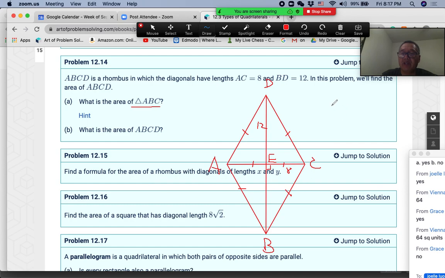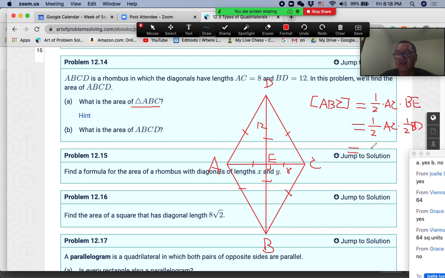Then by this way, we can get the area of triangle ABC equals 1/2 times AC, then times BE, right? Then BE will be 1/2 of BD. So this one equals AC times 1/2 of BD, because this triangle is congruent with this triangle. So BE equals DE.